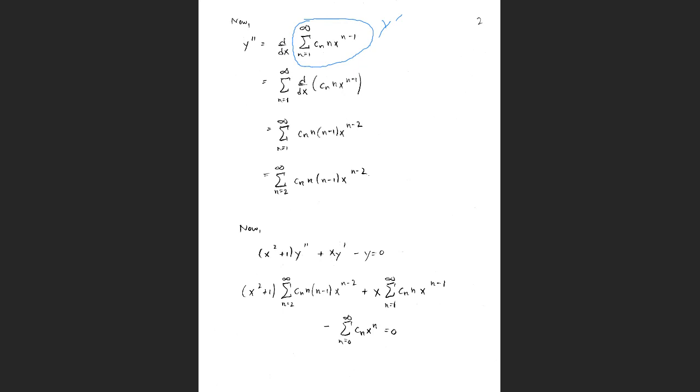The derivative of a sum is the sum of the derivatives. And the derivative of c sub n times n times x to the n minus first power is just going to equal this.